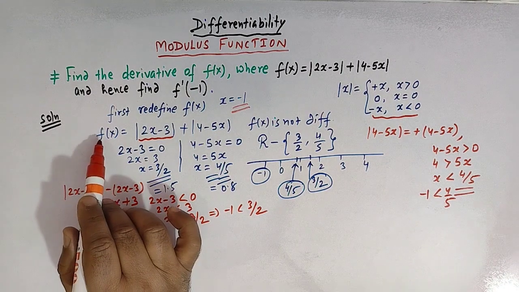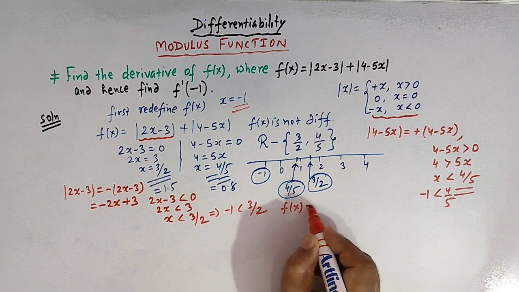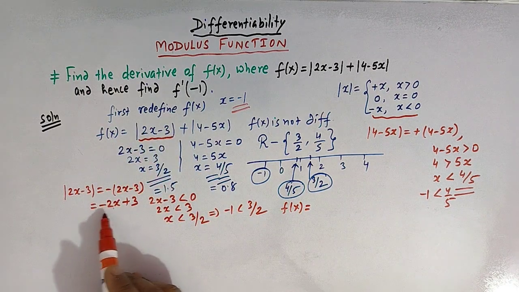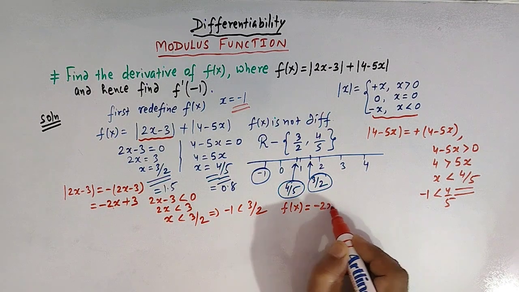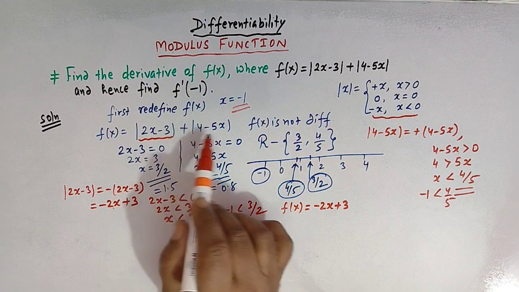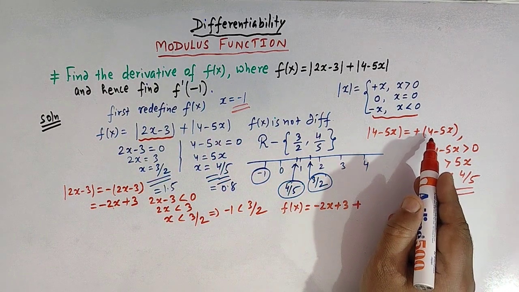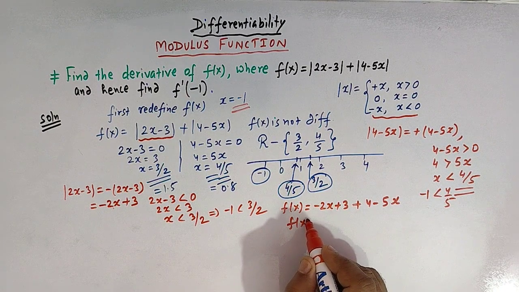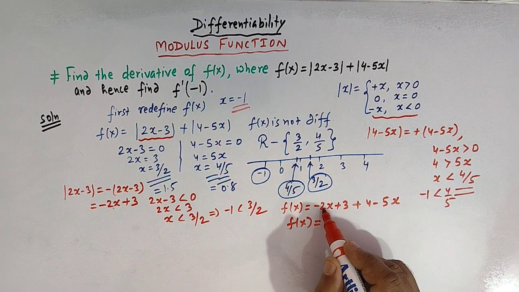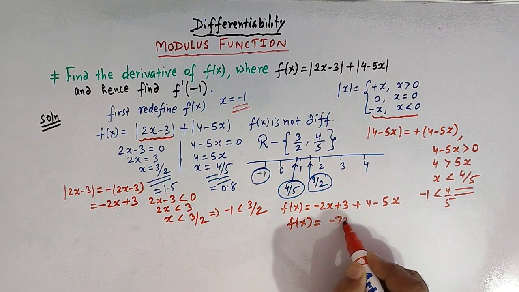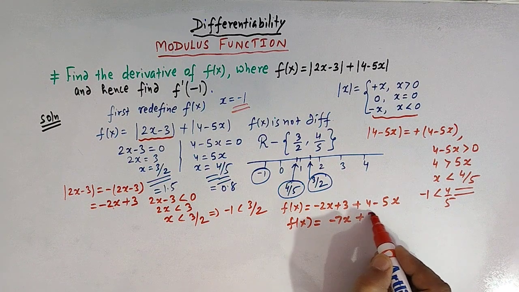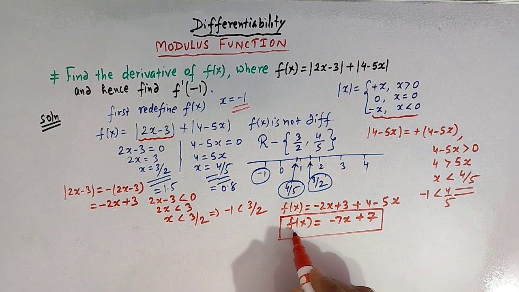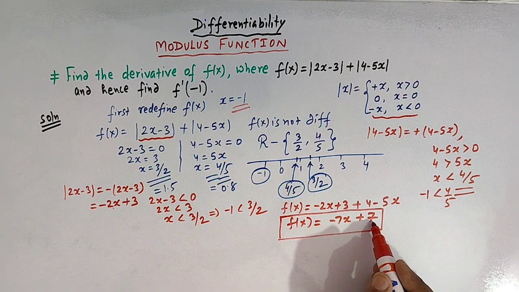So now this function f(x) can be written as -2x + 3, because |2x - 3| = -2x + 3, and |4 - 5x| = 4 - 5x. So f(x) = -2x - 5x, which is -7x, and 3 + 4 is 7. So f(x) = -7x + 7.